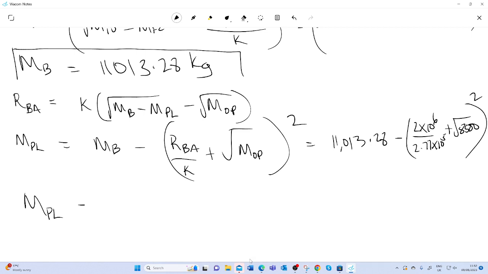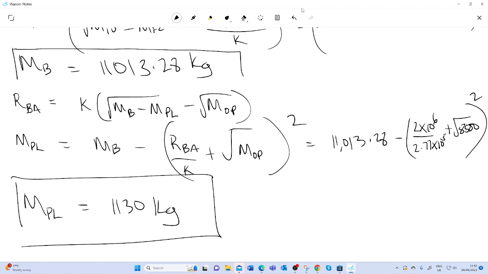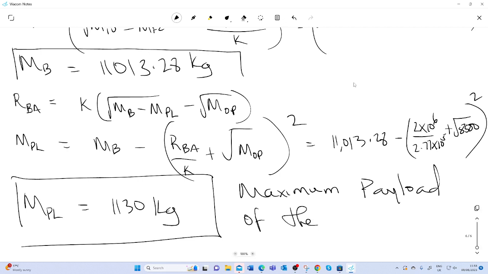Maximum payload becomes, which is the maximum payload of the aircraft.